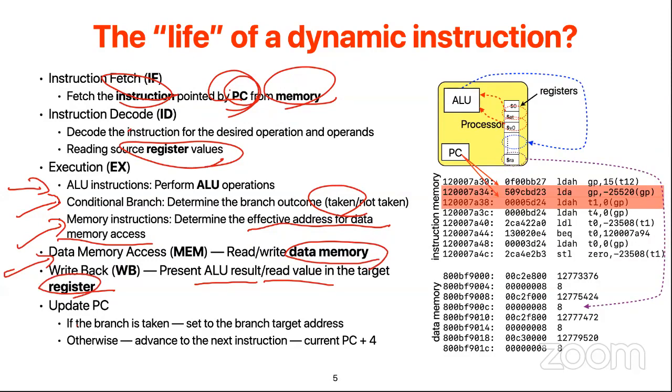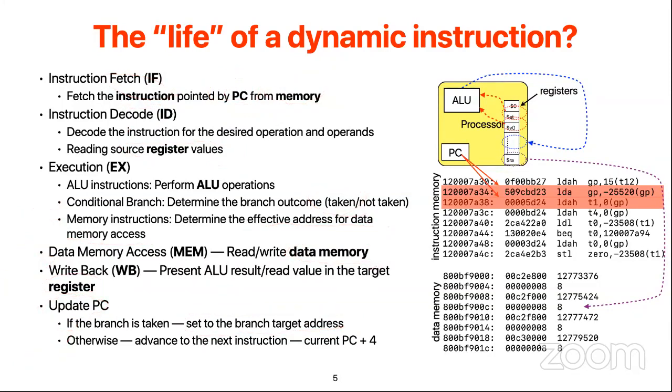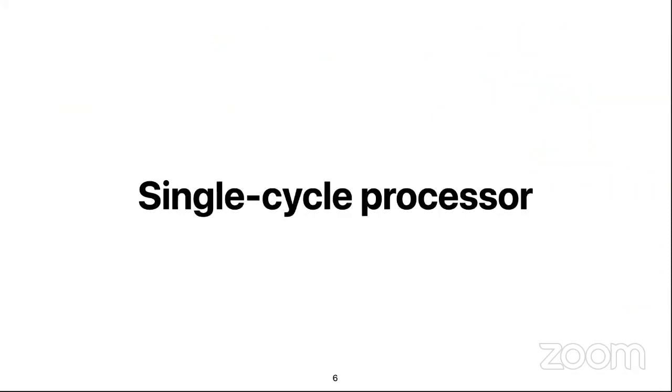Because we want to proceed, don't forget we also have to update the PC. If the branch is taken, we set the PC to the branch target address; otherwise, we just advance to the next instruction. This slide gives you an overview of what a processor should do during the execution of a program. Given this knowledge, the simplest and most naive implementation, which is exactly what you are doing in lab 2, lab 3, and throughout lab 4, is the single cycle processor.